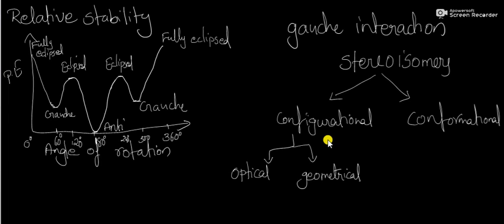So conformation involves free rotation about a carbon-carbon single bond, that is conformational isomers. And the interconversion between conformations is generally easy and fast. That's about conformations. Hope it is clear. Thank you.